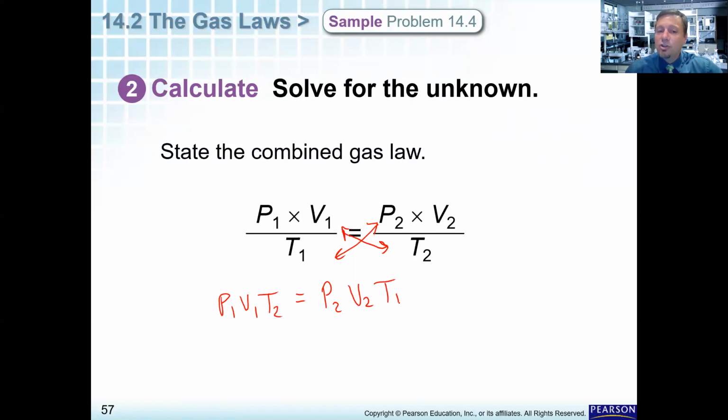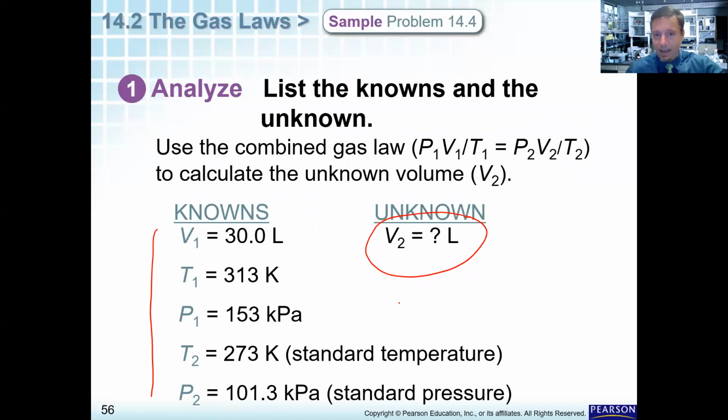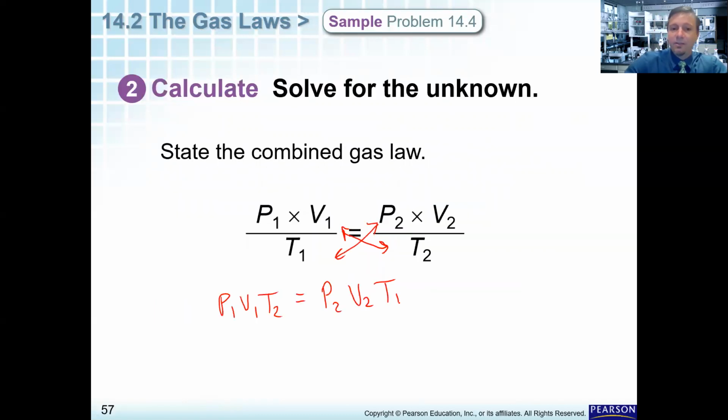And if I'm solving for my secondary volume, that's what it's asking for, I simply have to divide both sides by P2 T1, and they are crossed off on both sides. So that isolated my volume secondary.